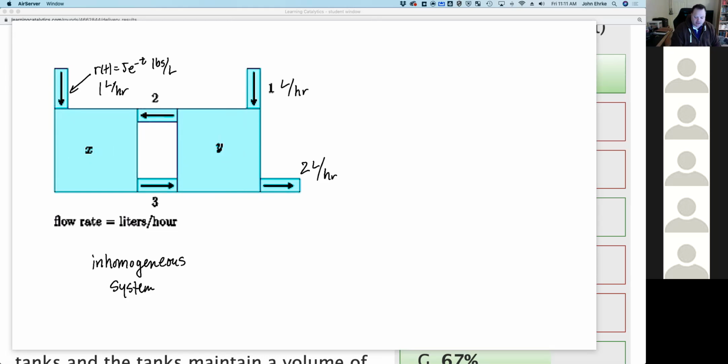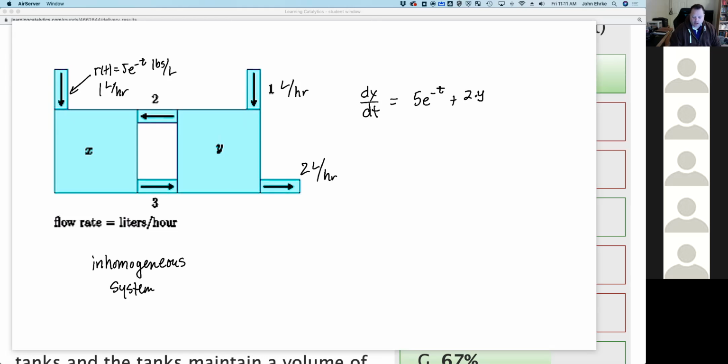So let's think about tank X, the change in tank X. You have 5e to the negative t rate in, but you also have 2 times y in as well. It says both tanks maintain a volume of 100 liters. So this is the rate at which stuff is coming into tank X. You've got the outside 5e to the negative t times 1 pounds per hour of salt coming in.